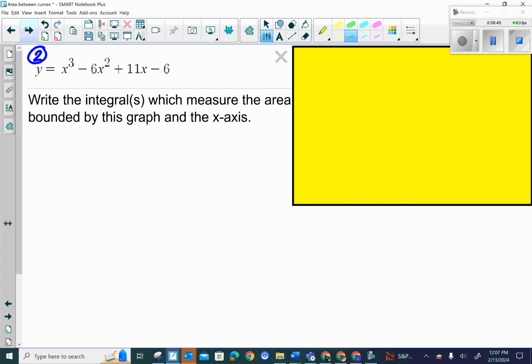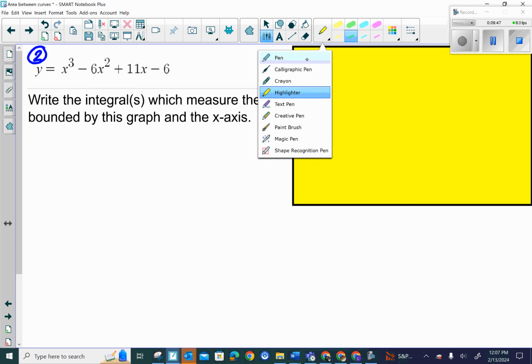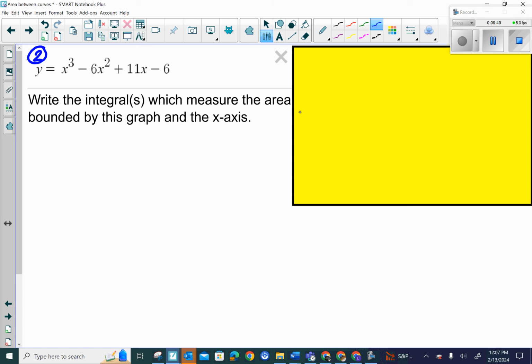Here's another one. We are to just simply write the integral which measures the area bounded by that graph and the x-axis. Now that's a cubic, and I don't think too many people expect you to go back to Algebra 2 and find all the roots of the cubic and graph it, especially in calculus.